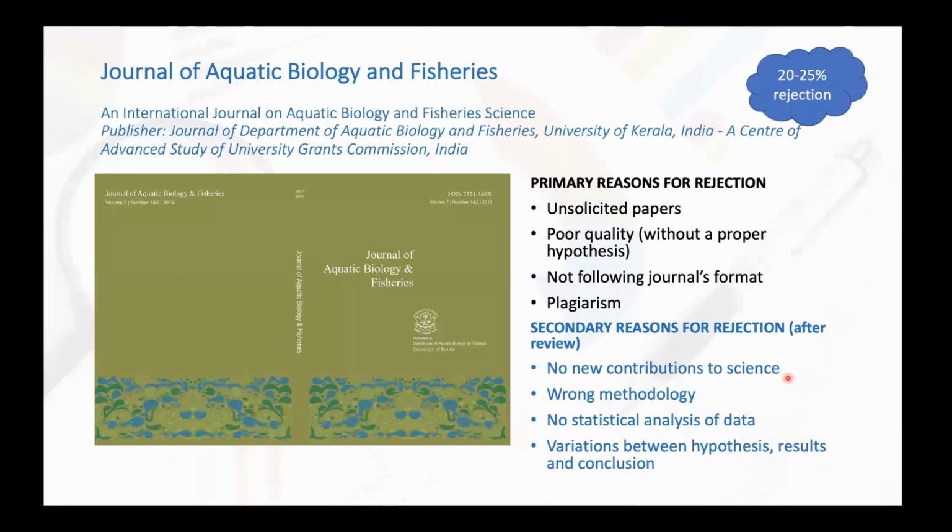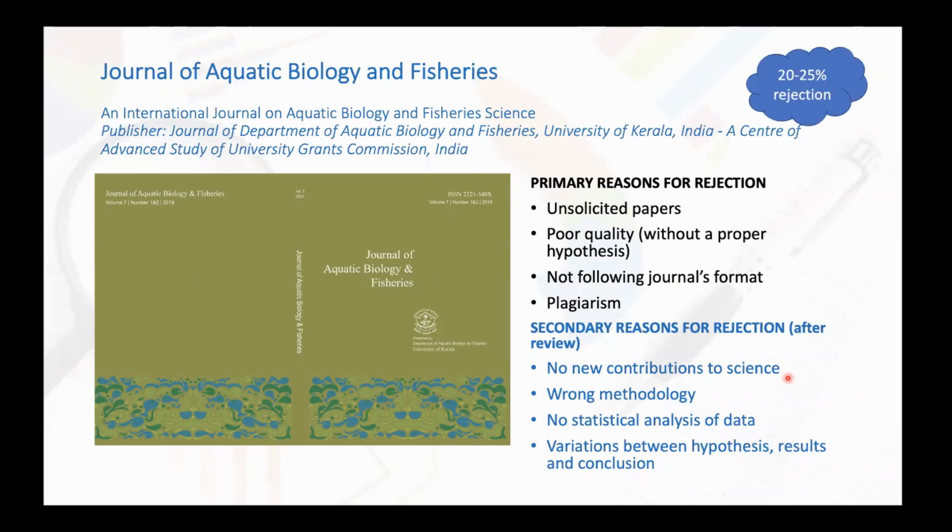And then all science should go through some kind of statistical analysis. Analysis is very, very important, and you have to follow the correct method of statistical analysis. If it is not done properly, that will be rejected. If your sample size is very small for a statistical analysis, or you applied the wrong kind of statistical tool, these are the reasons.